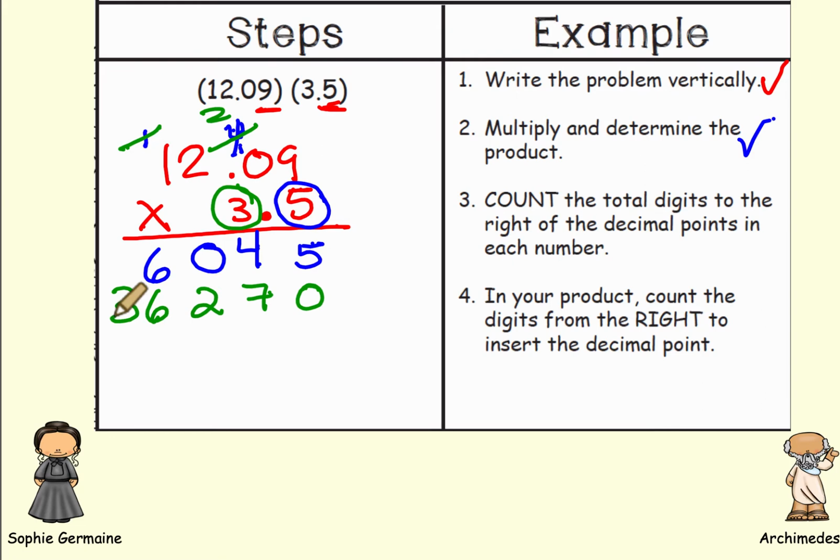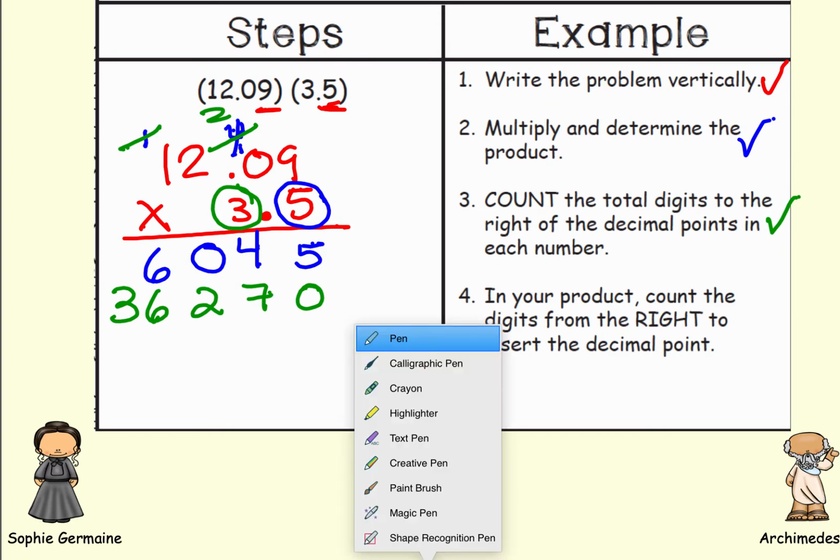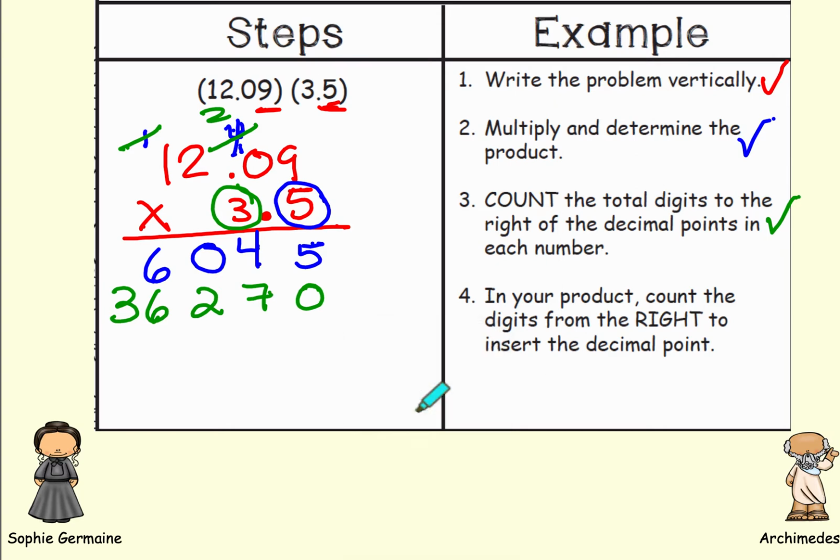So now I'm ready to worry about that decimal point. First thing I do is count all the digits that are exactly to the right of the decimal points in each number. So here and here are the digits that are after the decimal point. And how many do I have? If I count the total, I have 3 digits to the right of the decimal point.